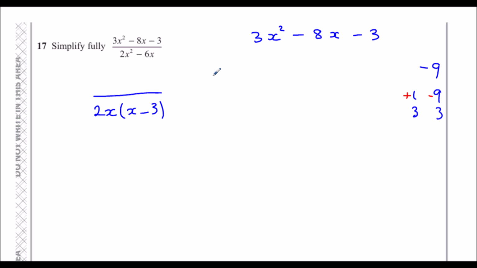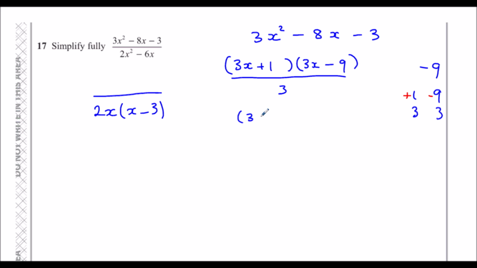See the number 3 in front, so I'm going to put 3x over 3. And then inside the brackets, I'm going to put my plus 1 and my minus 9. I need to divide by 3. So which of these brackets can I take 3 out of? I can take it out of the second bracket, so I can divide the second bracket by 3, which will cancel off my 3.